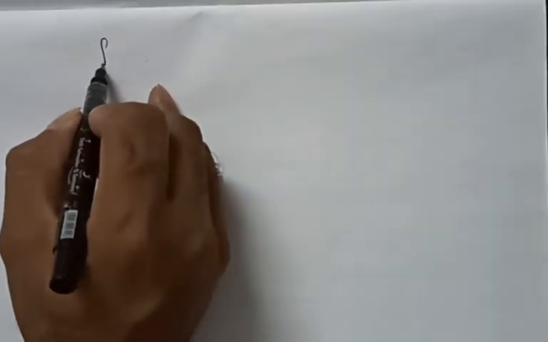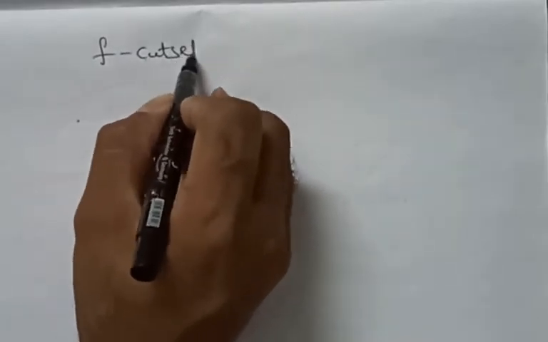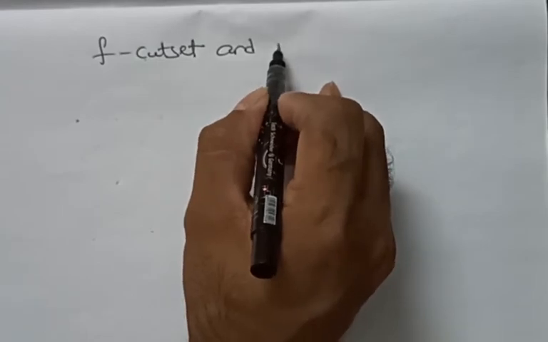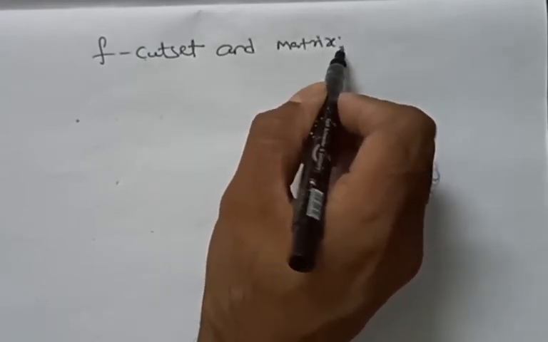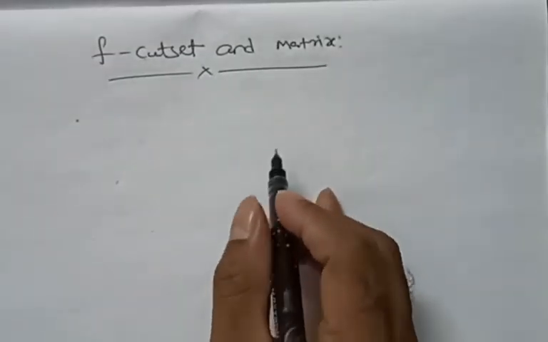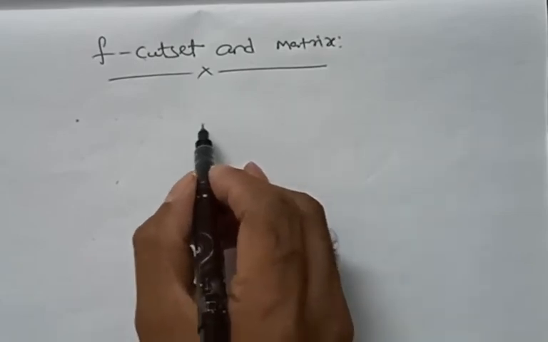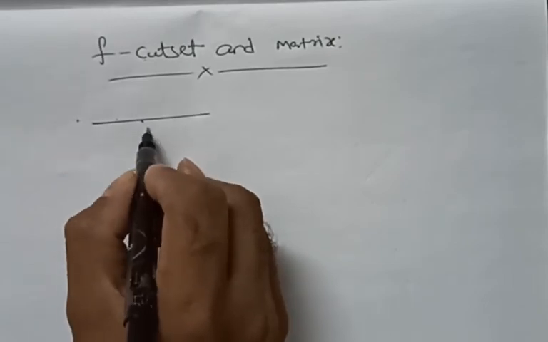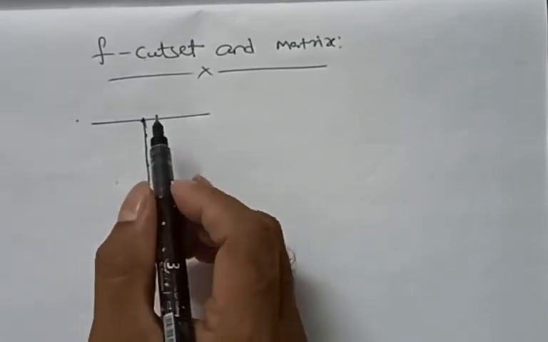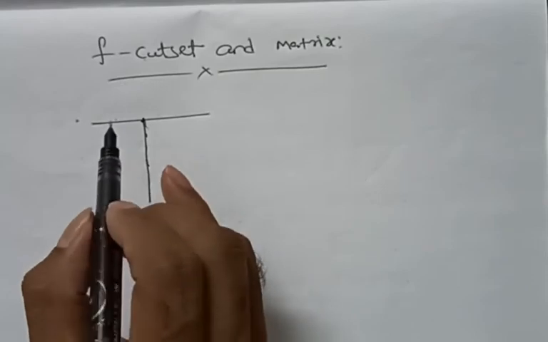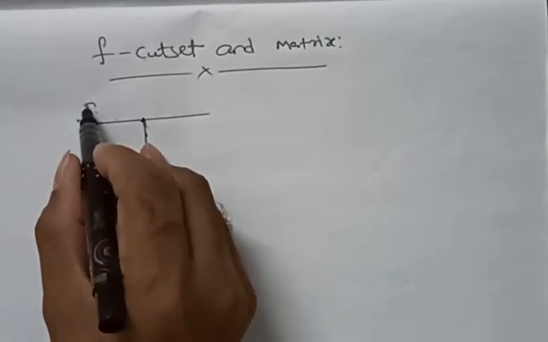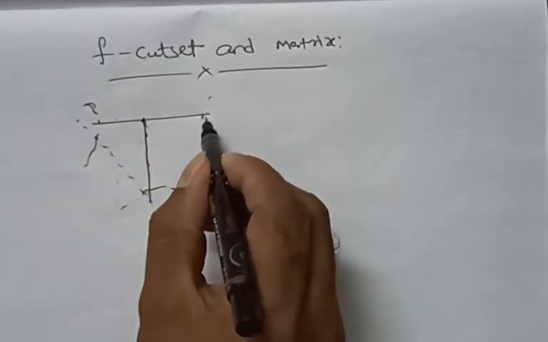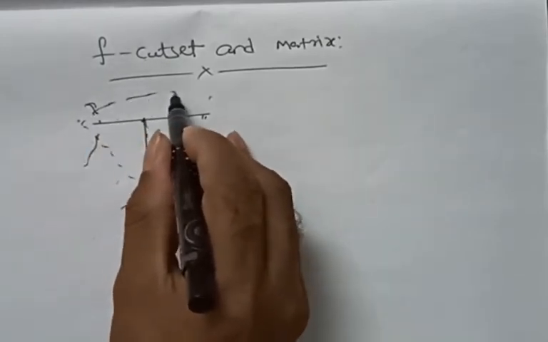So now let us take the same graph having the same 4 nodes and 6 branches, where I am taking the fundamental cut sets like this one, this one and this one. These are the branches we removed from the original graph.